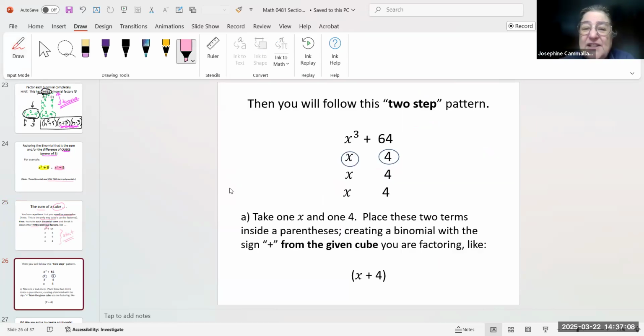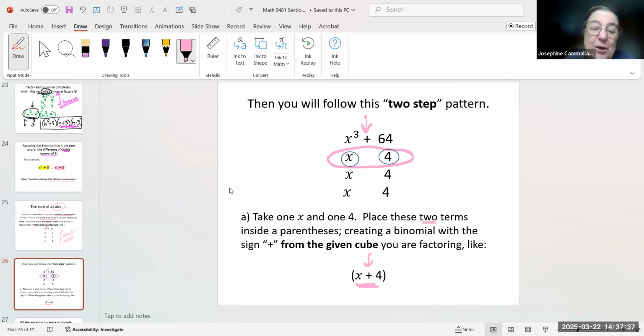Because now, here's the second step. We're going to take one x and one 4, one from each column, and we're going to place these 2 terms in a parentheses right here. And because this has a plus between the x cubed and the 4, this is going to get a plus.